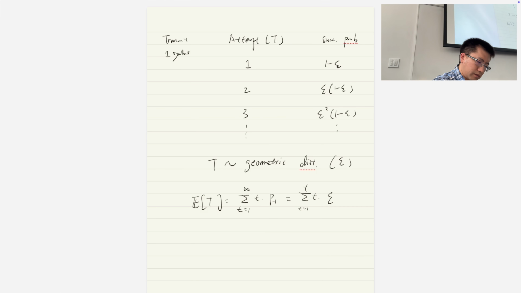So it's epsilon to the power t minus 1 times 1 minus epsilon, right? Then we can write this as 1 minus epsilon times the sum of t epsilon^(t-1), right?